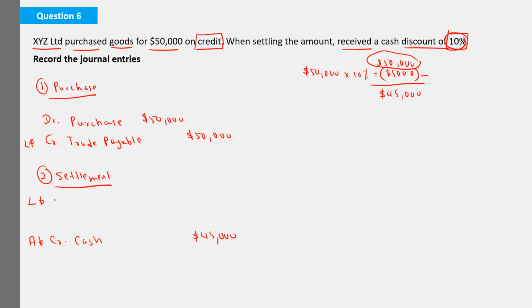Entire liability amount gets decreased. Liability decreases, it's a debit record. Which liability is decreasing? Trade payable liability, decreasing by $50,000. Why is it $50,000? He gave me a discount of 5,000 when I am giving the cash. So I gave 45,000.